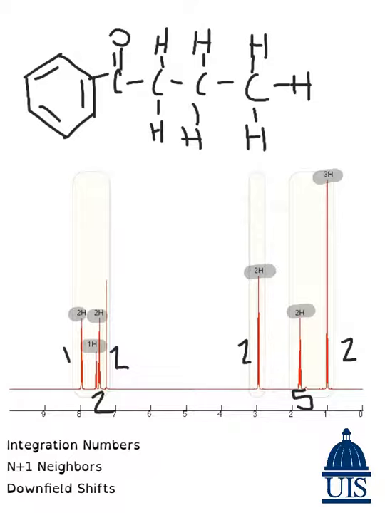We have these 3 hydrogens, and they are surrounded by these 2 hydrogens right here. We then have 2 hydrogens that are surrounded by 5 hydrogens. So we can see these 2 hydrogens right here that are then surrounded by these 5 hydrogens over here.